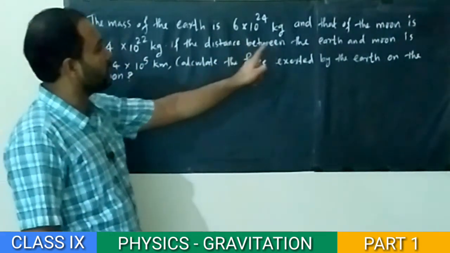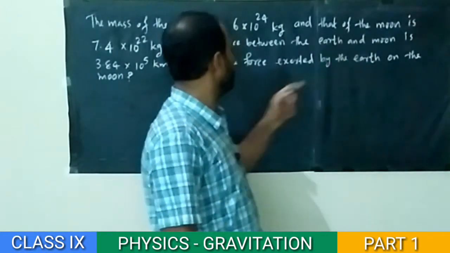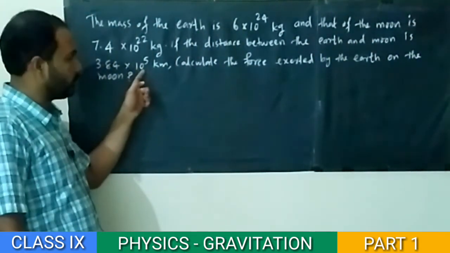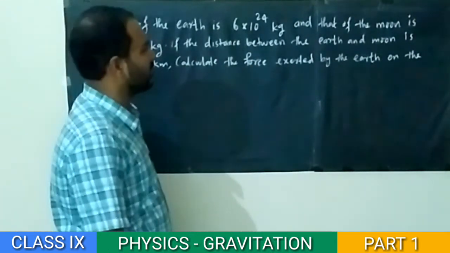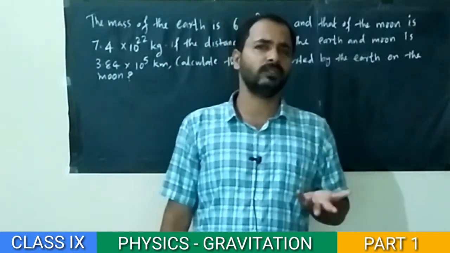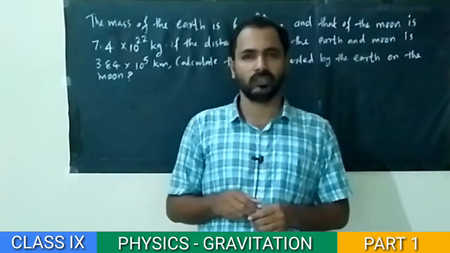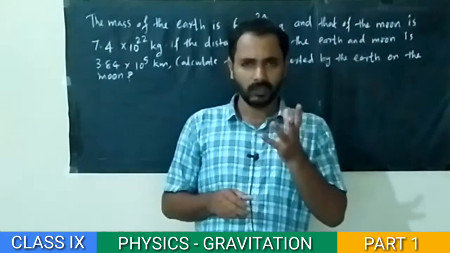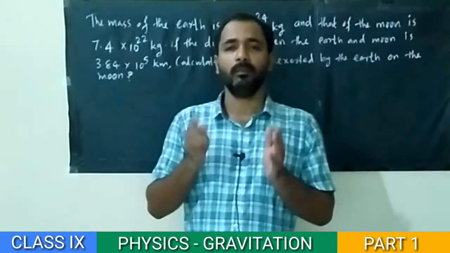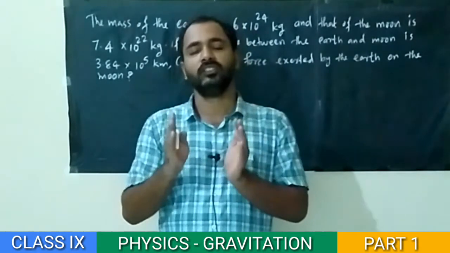If the distance between the earth and the moon is 3.84 × 10^5 kilometer, calculate the force exerted by the earth on the moon. We know every object in the universe attracts every other.